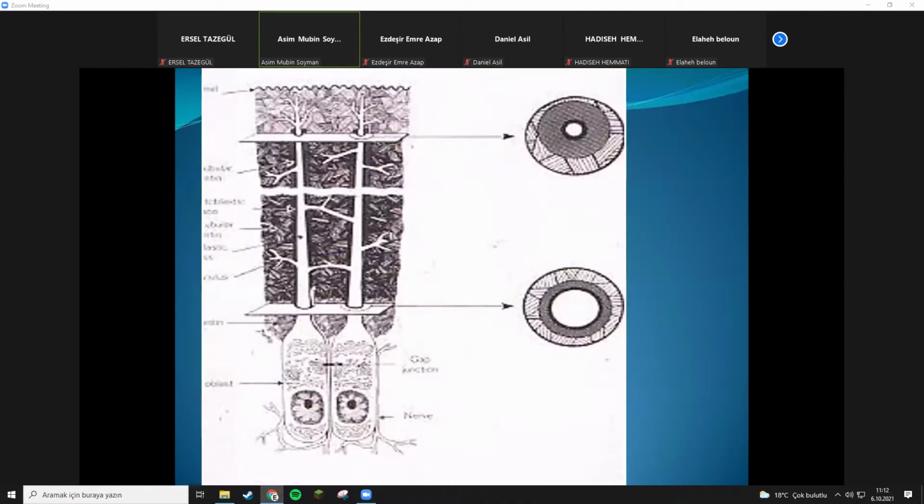I'm going to show you another one. Yes, this is better. These are odontoblasts, and odontoblasts are in the pulp, of course. They send their protoplasmic extensions into the dentinal tubuli. Okay, but the dentinal tubuli configuration is a truncated cone.